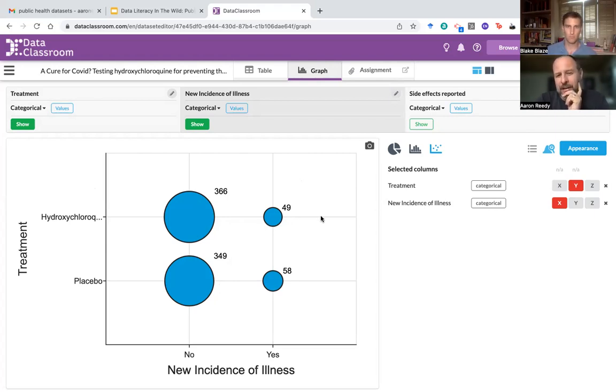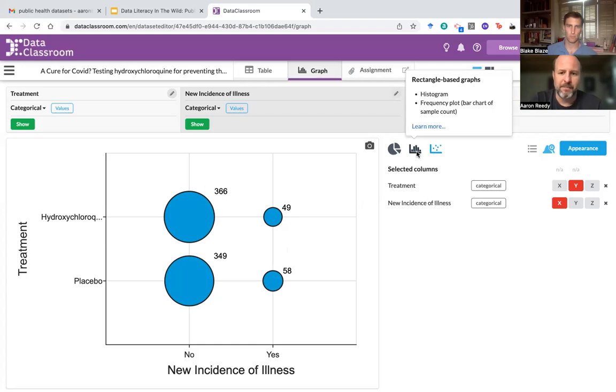And so the eyeball test on this looks at this, and you don't really see much difference. I think the overwhelming story here is no difference between treatment groups. But I also want to show you another way to visualize that can control for the difference in sample size between the two groups, which again is a modest difference.